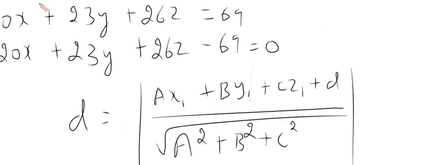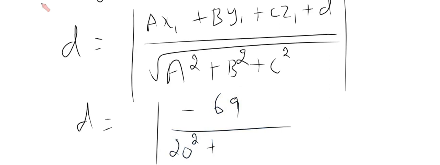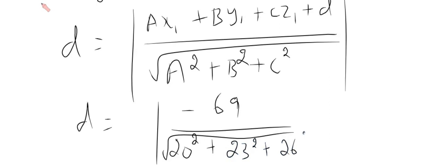So therefore D will be equal to, we can see that d is nothing but minus 69. So modulus of minus 69 by square root of 20 squared plus 23 squared plus c is 26, so 26 squared, which is modulus of minus 69 by square root of 20 squared is 400 plus 23 squared is 529 plus 26 squared is 676.